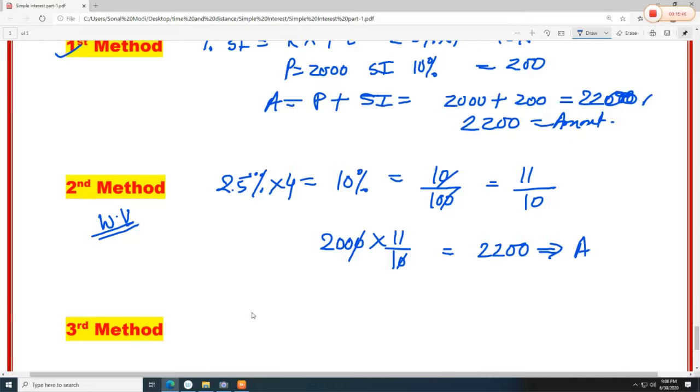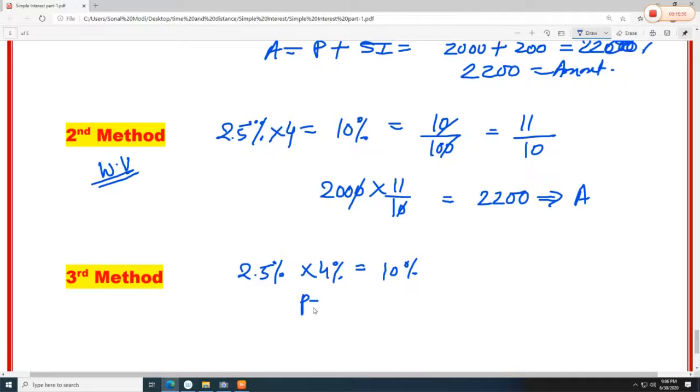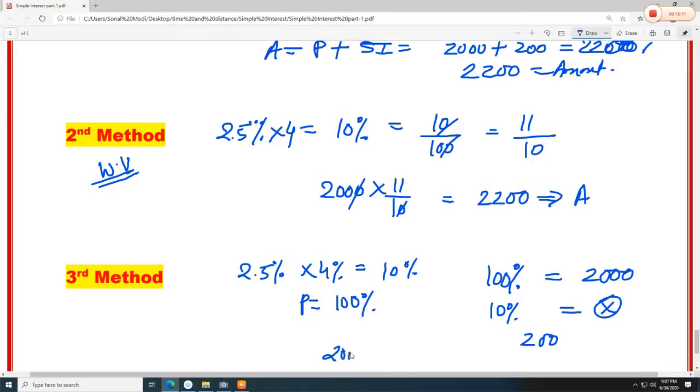Now the third way is 2.5% into 4, that is going to be 10%, and you know the principal is always 100%. So if 100% is the principal amount, then the real value is already given, it is 2000, and 10% of it is going to be 200. So 2000 is the principal amount, 200 is the interest amount, so 2200 is the total amount.